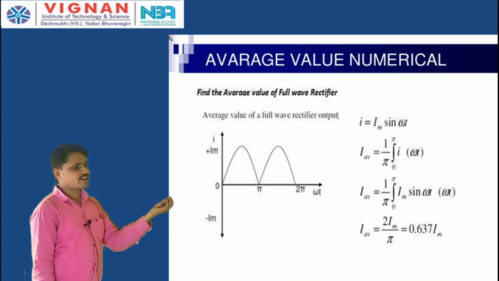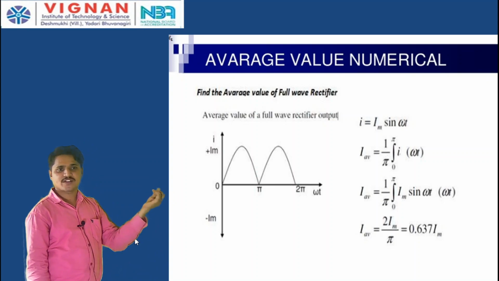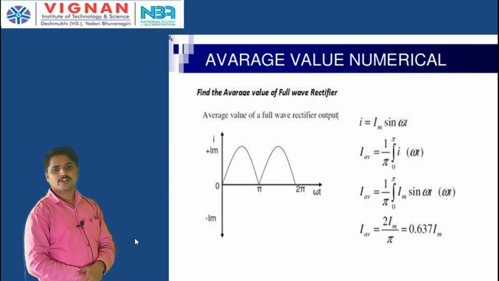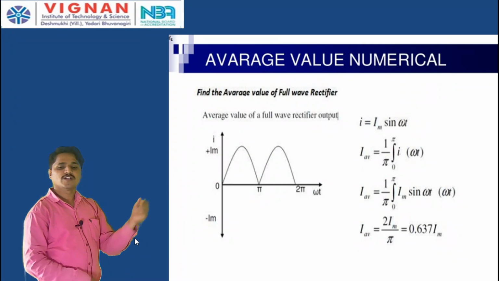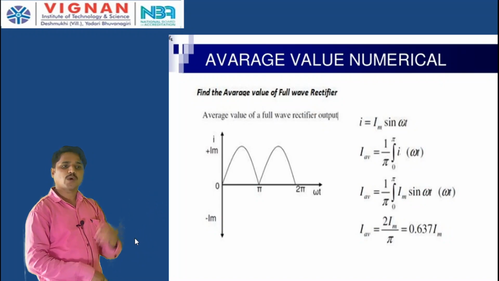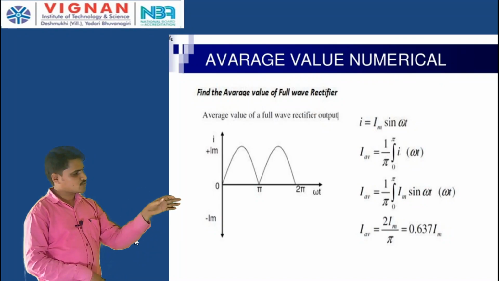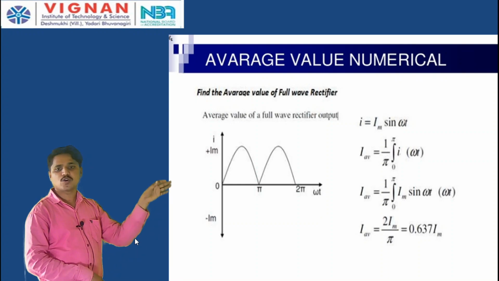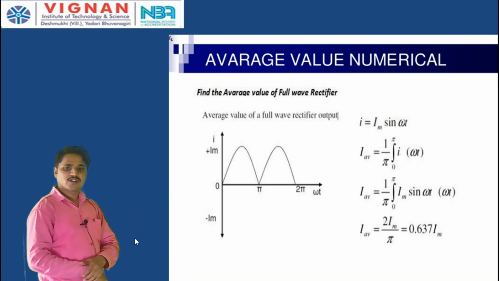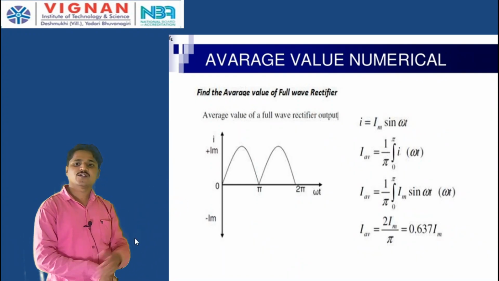Therefore, I average is equal to 1 by the time period of that waveform, that is pi, times the integral from 0 to pi of I d omega t. Substituting I is equal to Im sin omega t, I average is equal to 1 by pi integral from 0 to pi of Im sin omega t d omega t.